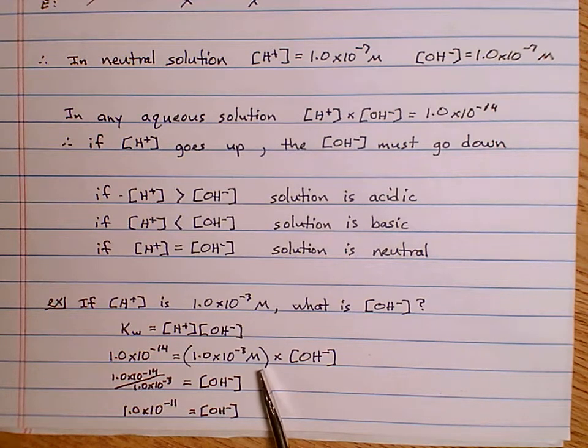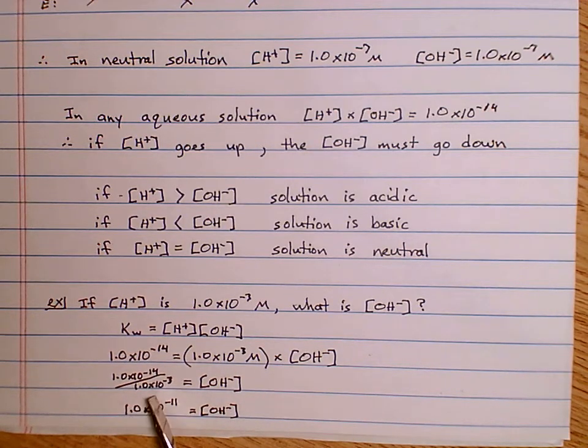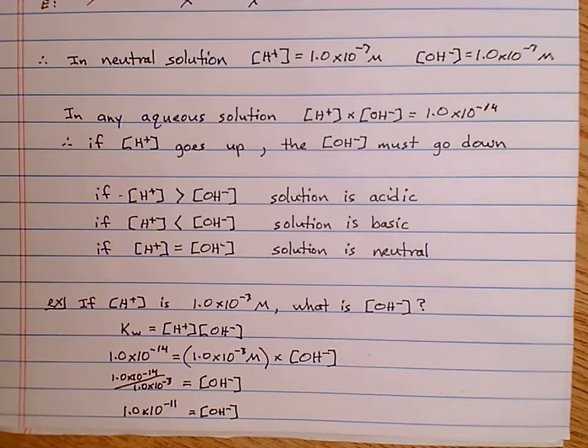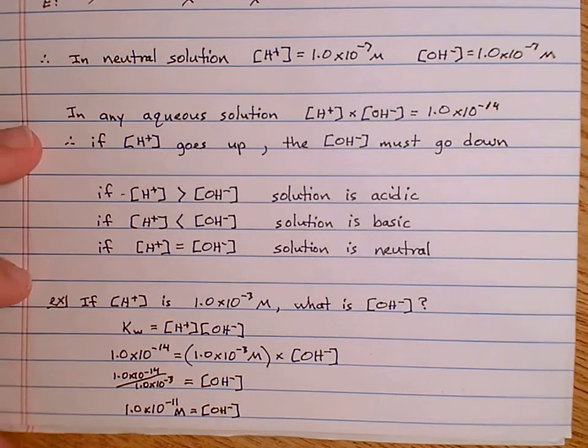So then, just spelling this out real longhand, concentration of OH minus is our Kw divided by that concentration of H plus. It's 1.0 times 10 to the minus 11th. And you got to put in our units because we're dealing with concentration. This is 1.0 times 10 to the minus 11th molar. That is the concentration of OH minus here.